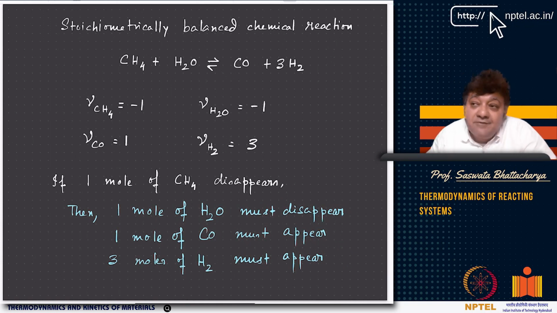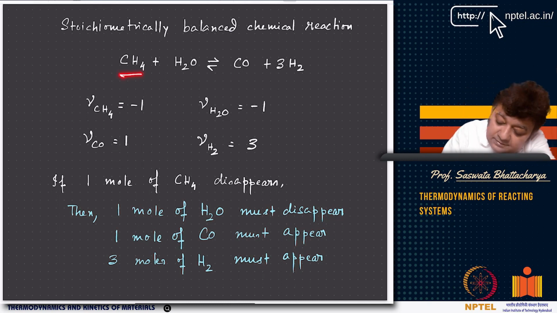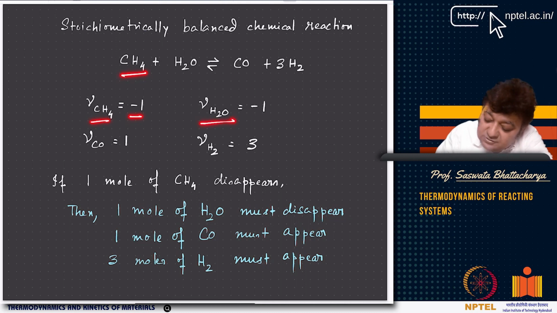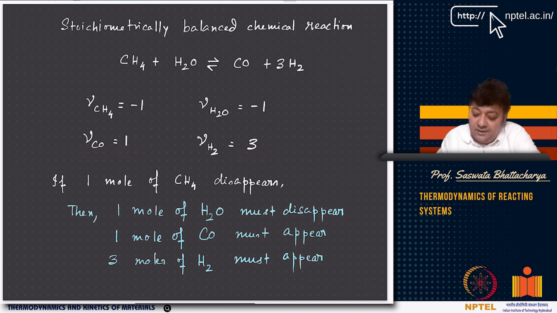Another thing, when we look at chemical reactions, we stoichiometrically balance them. For example, one molecule of CH4 reacting with one molecule of water will give you one molecule of carbon monoxide and 3 molecules of hydrogen. Now if you look at the stoichiometric coefficients, CH4 is a reactant, so nu CH4 is minus 1, nu H2O is minus 1, nu CO is 1, and nu H2 is 3.